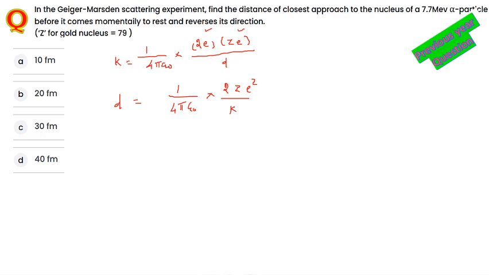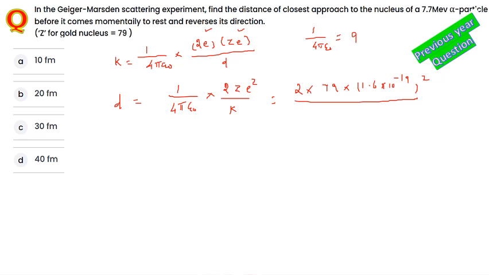Now substitute all the values: 2 into the atomic number, which is 79, into e, 1.6 into 10 power minus 19, the charge of the electron, the whole square, divided by 4 pi epsilon naught. 1 by 4 pi epsilon naught is equal to 9 into 10 power 9 newton meter square per coulomb square.